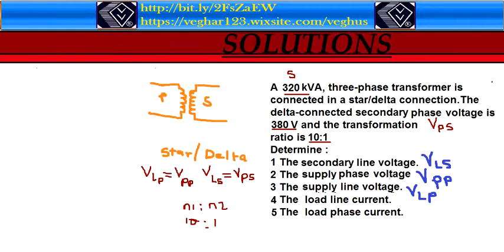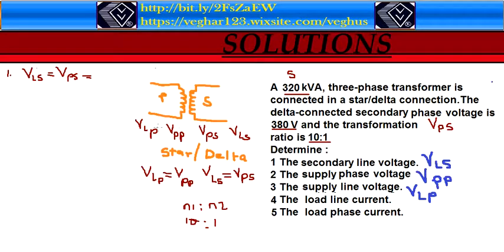So we are required to find, on number 1, V line secondary, which equals V phase secondary, and also line secondary, line primary and phase primary.